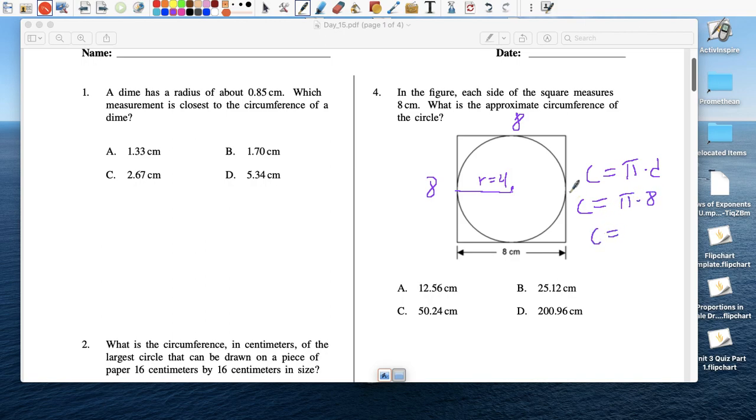C equals 8 times pi, which is 25.13. I don't know why they wrote 0.12, but B would be the closest.